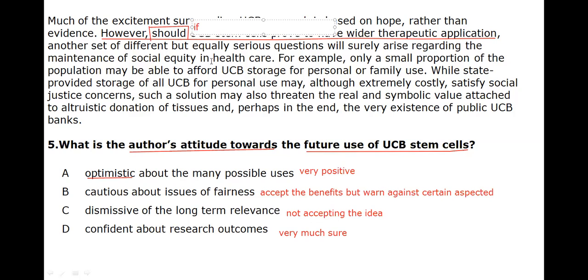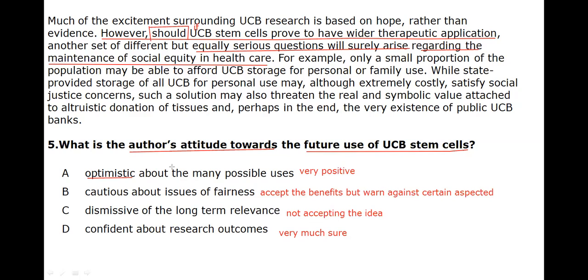So the writer says, if UCB stem cells prove to have wider therapeutic application, another set of different but equally serious questions will surely arise regarding the maintenance of social equity in healthcare. Then the writer goes on to give an example as to how not everyone would be able to afford the cost for the storage of UCB.